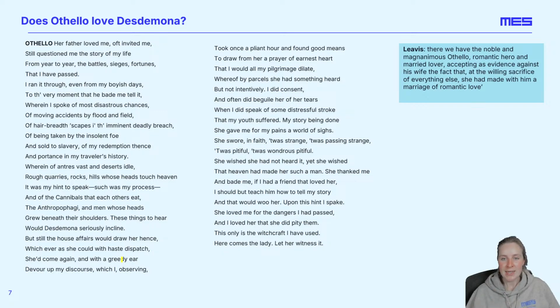Her father loved me, oft invited me, still questioned me the story of my life from year to year, the battles, sieges, fortunes that I have passed. I ran it through, even from my boyish days, to the very moment that he bade me tell it, wherein I spoke of most disastrous chances, of moving accidents by flood and field, of hairbreadth escapes in the imminent deadly breach, of being taken by the insolent foe and sold to slavery, of my redemption thence and portance in my traveller's history, wherein of antres vast and deserts idle, rough quarries, rocks, hills whose heads touch heaven, it was my hint to speak.